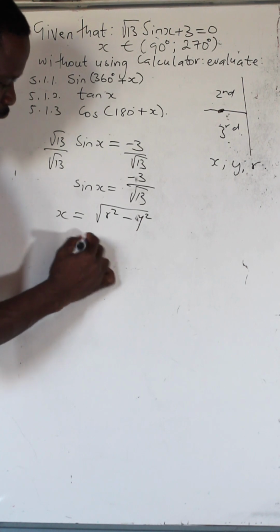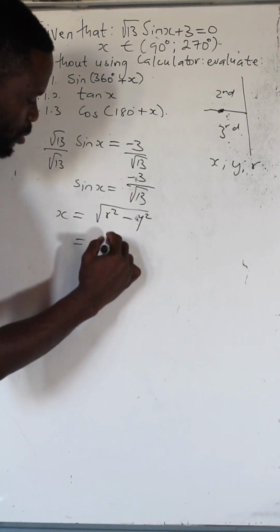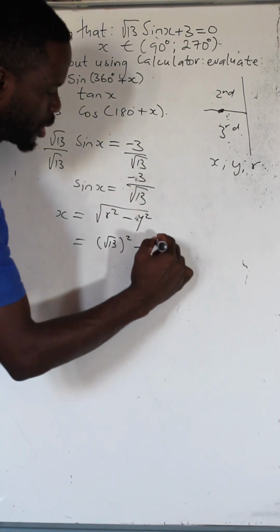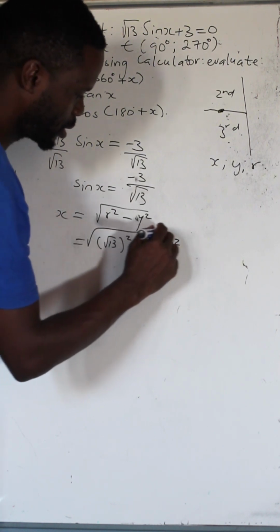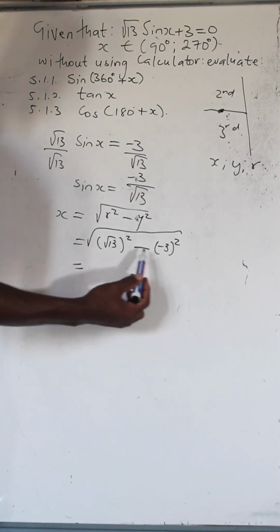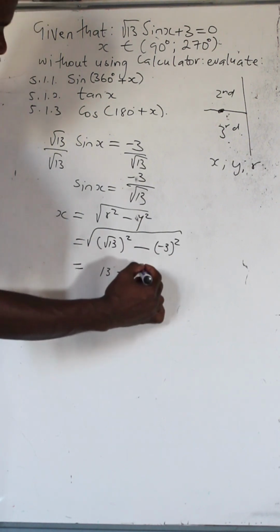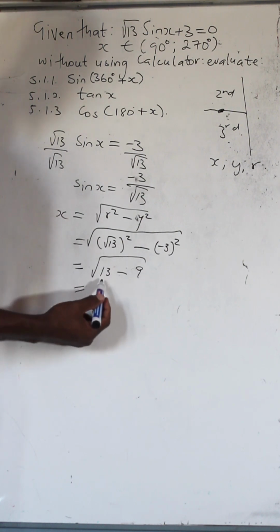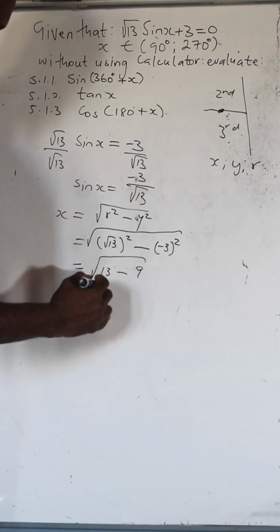So then this would be r squared, which is square root of 13 squared, minus y squared, which would be negative 3 squared. Then this would be 13 minus 3 squared, which is 9, then the square root, and then this would be 13 minus 9, which is 4. The square root of 4 is 2.